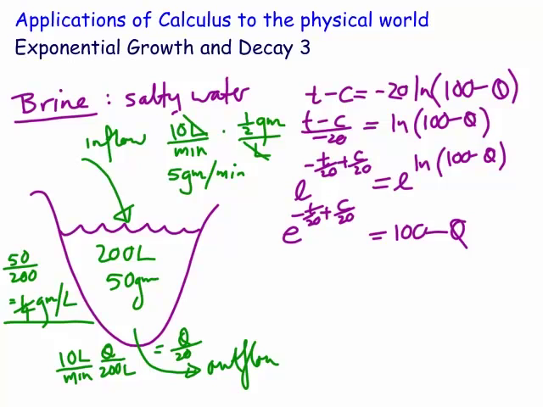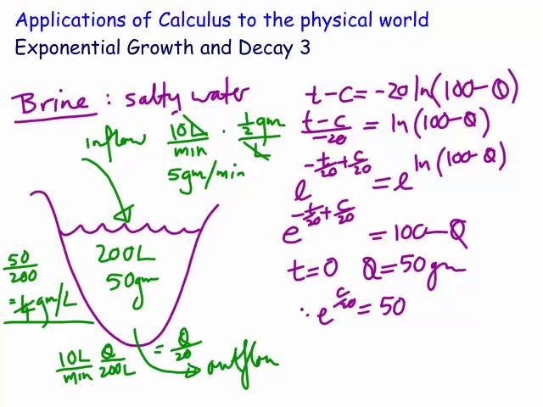And normally we'd say, okay, t is equal to 0. Okay, let's have a look. Say t is equal to 0. Our quantity is actually 50 grams of salt initially. So we then have e to the c on 20 is equal to 50.